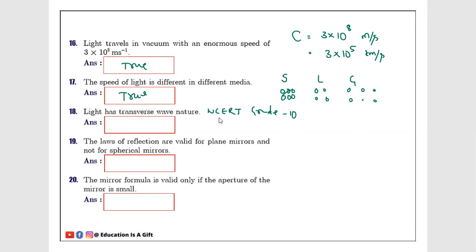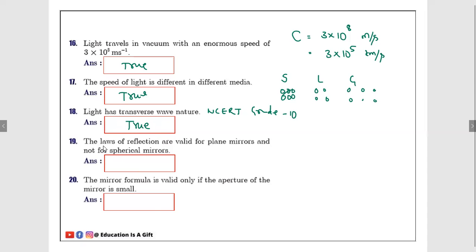At the same time, light can travel in the form of particles, and you can learn about this in your 12th class: Huygens wave theory, and Newton's corpuscular theory. According to Newton, light travels in the form of particles. According to Huygens, light travels in the form of waves. Both are correct. And if you see only a single statement, yes, that is correct. If you see both statements, that is also correct.